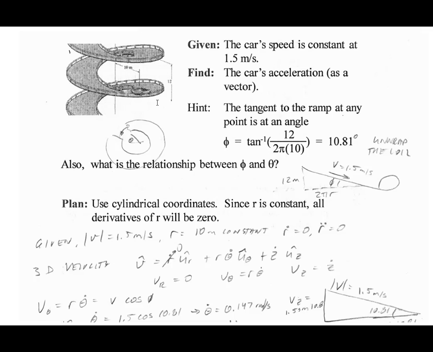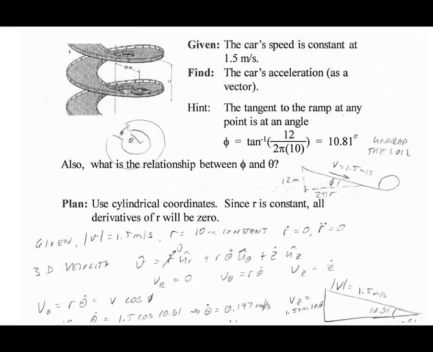Well, if you take this ramp and you unroll one of the coils, so you just unwrap it and spread it out, we know that with each roll it goes down 12 meters with each lap. So if we make it a triangle here, we have 12 meters in one revolution of the ramp. The distance that the car has traveled as it comes down that one loop is the circumference, which is 2 pi r.